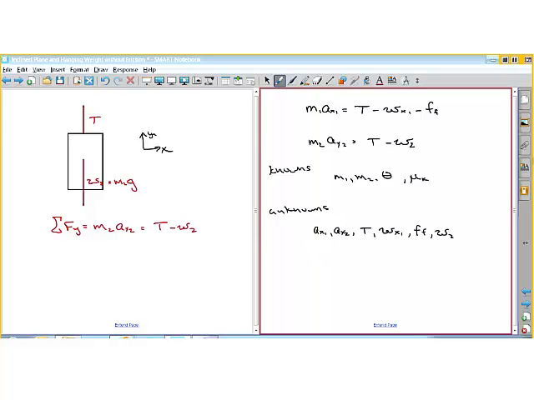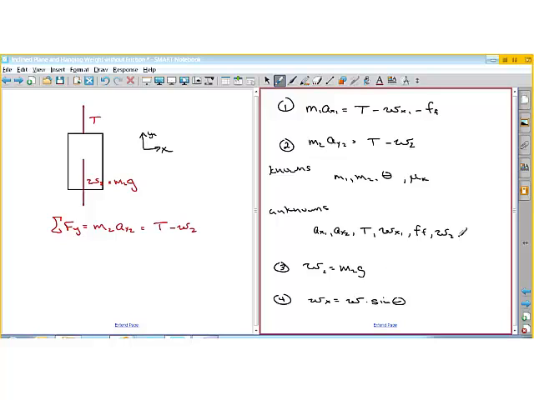But all the other equations are the same, pretty much. Let me number these: 1, 2, 3. W2 is equal to M2 times G. So there's one more equation. W sub x is equal to W times the sine of theta.